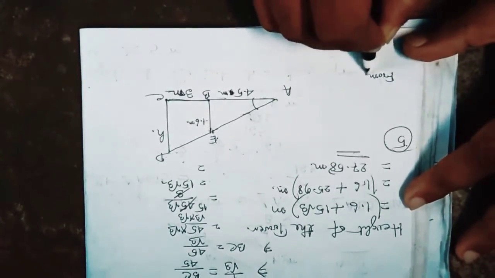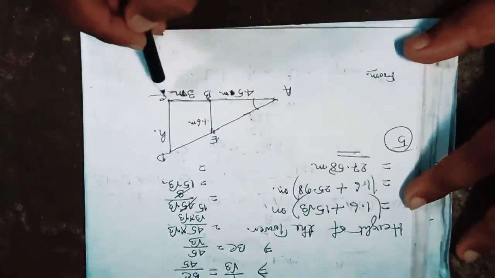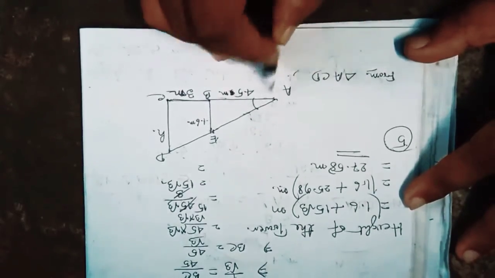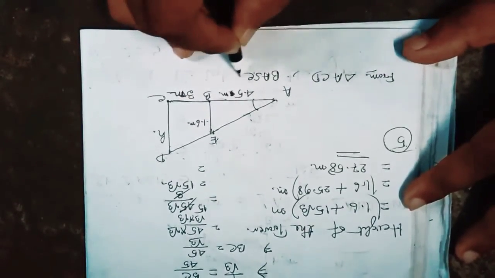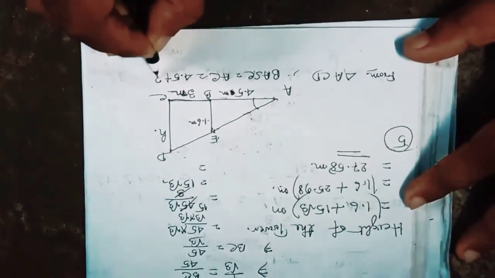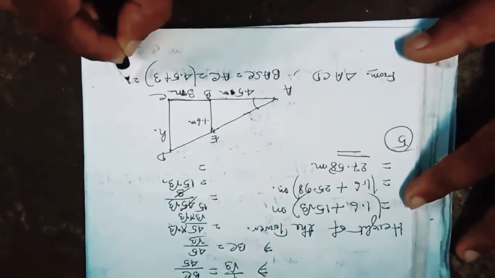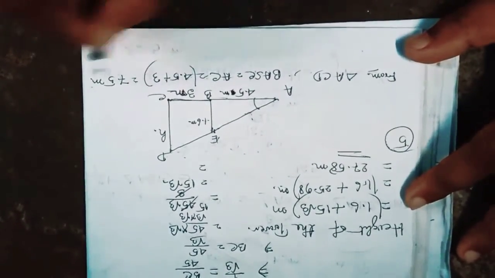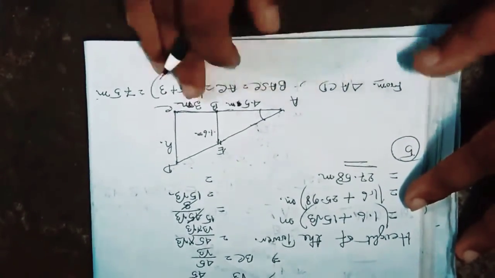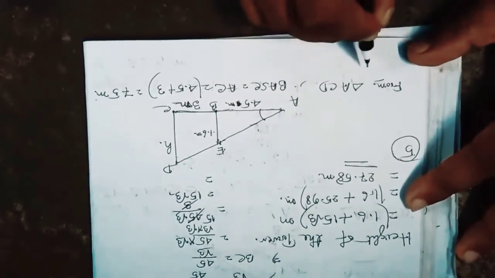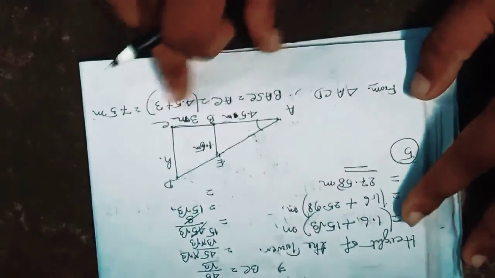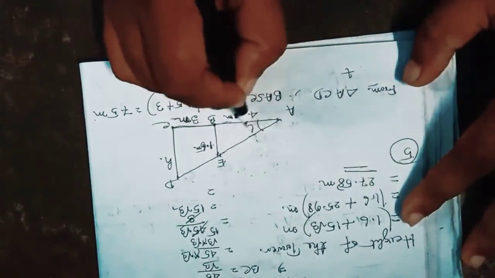We have to consider the triangle ACD. From triangle ACD, base AC is equal to 4.5 plus 3, that's equal to 7.5 meter. This angle of elevation is not given, so we take it as theta.